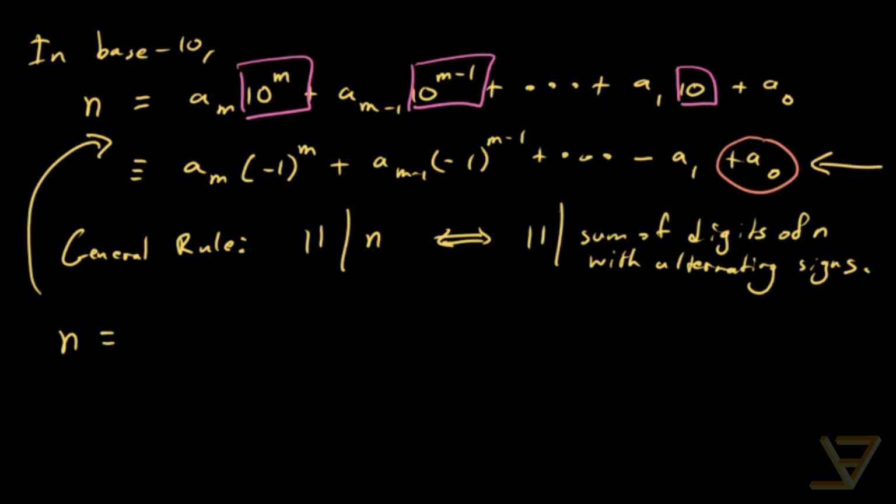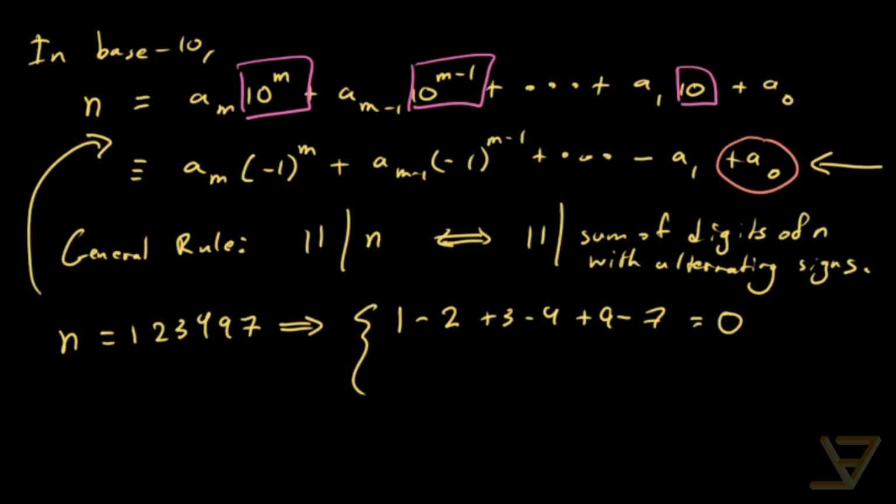Let's say n is equal to 123497. Then we have 1 minus 2 plus 3 minus 4 plus 9 minus 7. Let's see, 1 plus 3 plus 9 is 13. 2 plus 4 plus 7 is also 13, so this is 0.